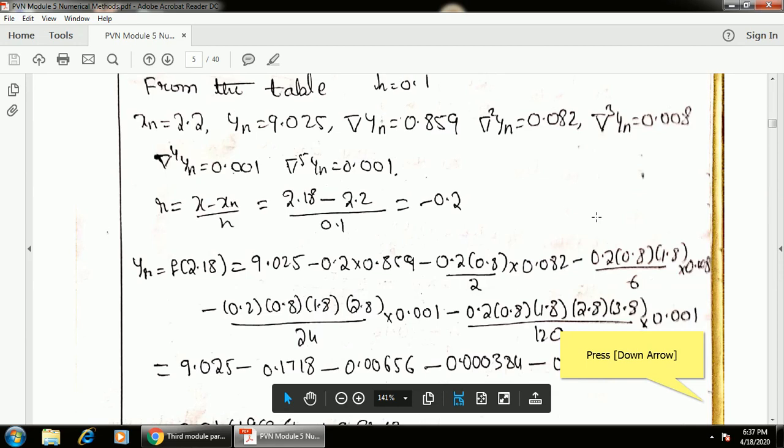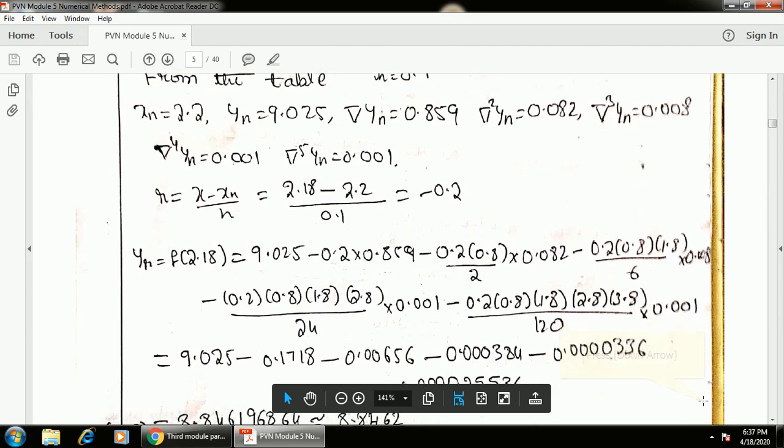Okay, here also you need to compulsorily simplify term by term. First term write as it is, just multiply these two, write, simplify the third term, write, fourth term simplify, write, fifth term simplify, write.